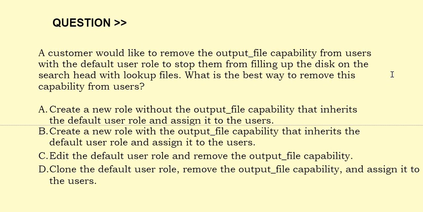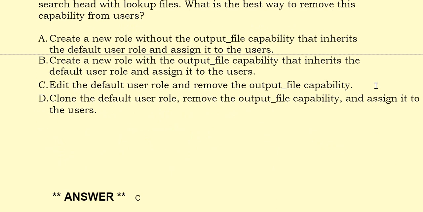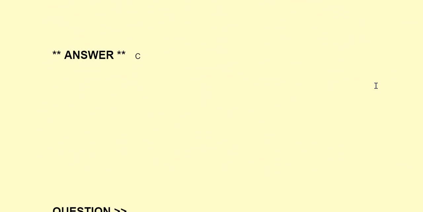Option C. Edit the default user role and remove the outputlookup capability. Option D. Clone the default user role, remove the outputlookup capability and assign it to the users. The correct answer is option C.